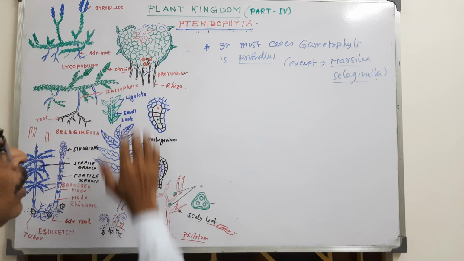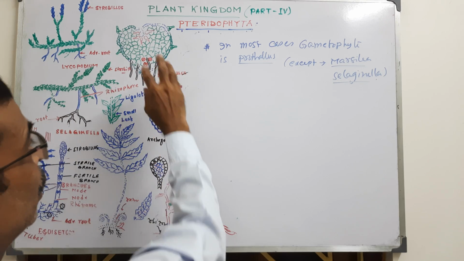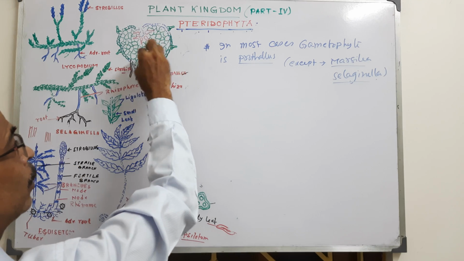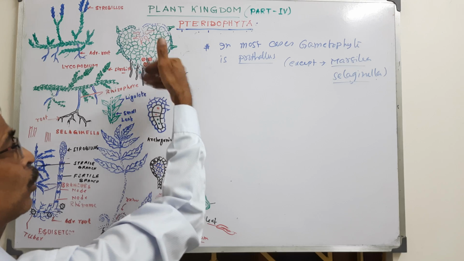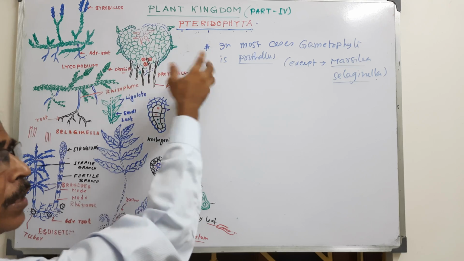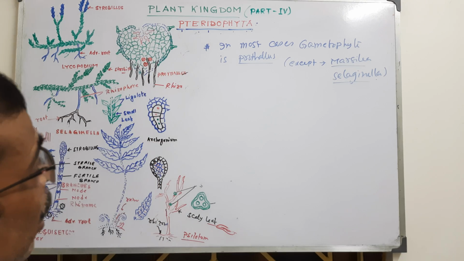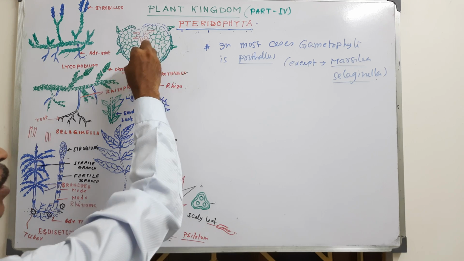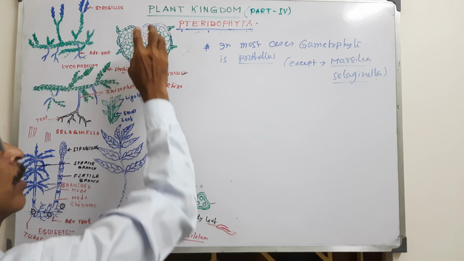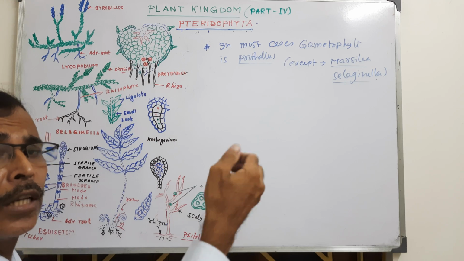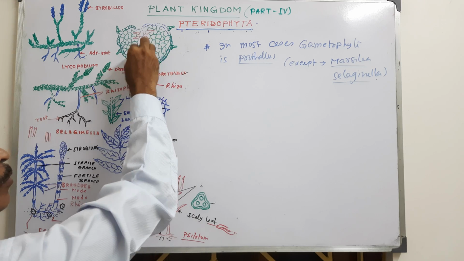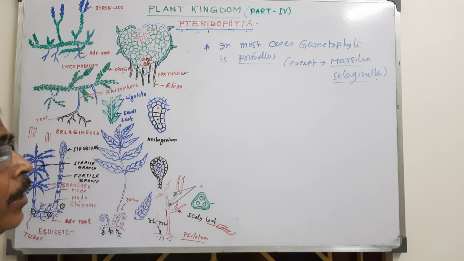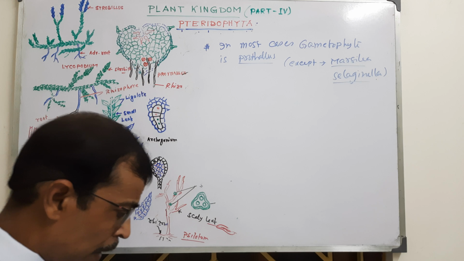After maturation of the gametophyte, fertilization occurs through zoidogamy and forms a zygote. The zygote initially develops on the gametophyte, and when the root is formed they become independent. In this way they complete their life cycle.